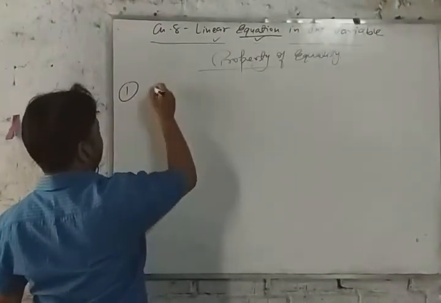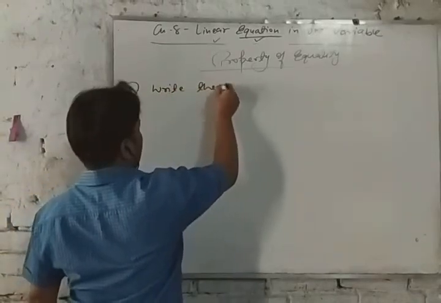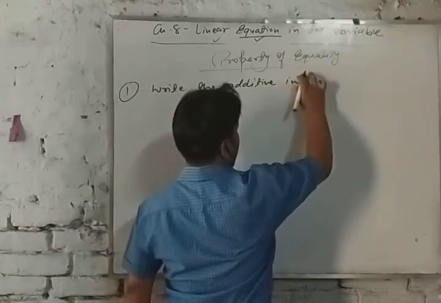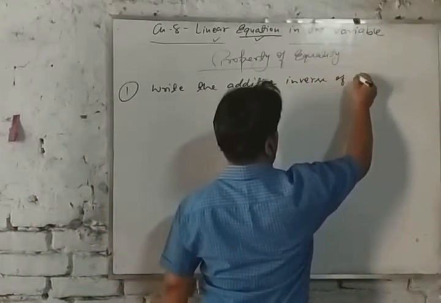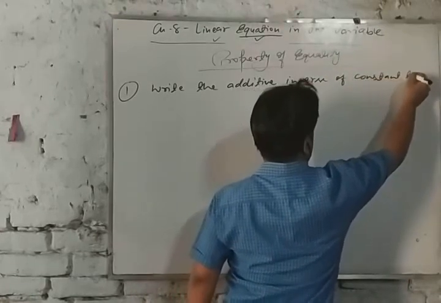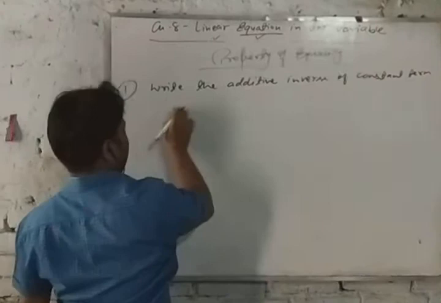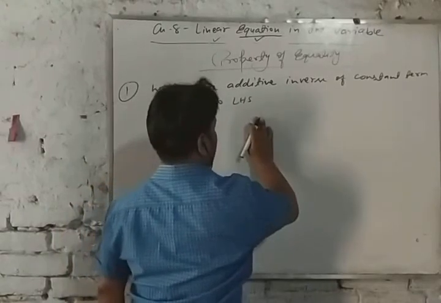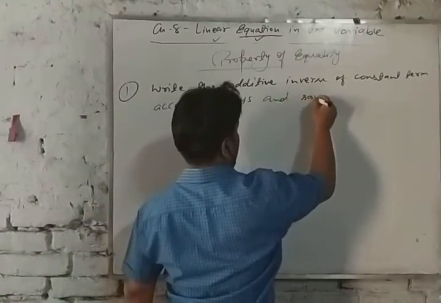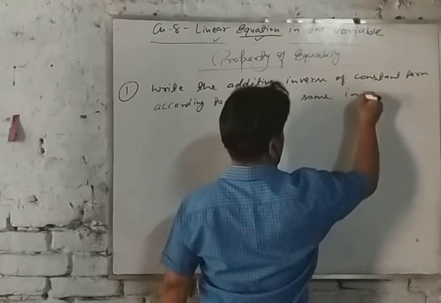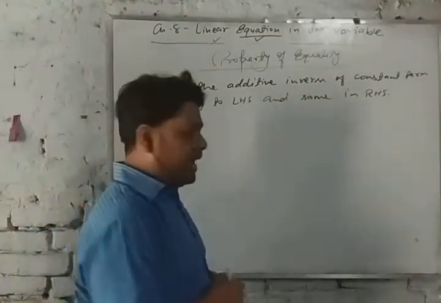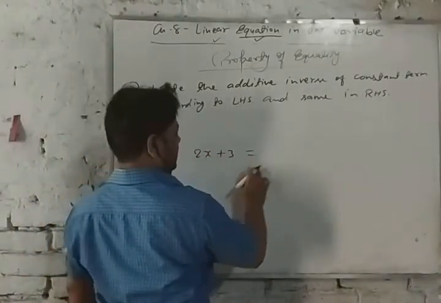First step: write the additive inverse of the constant term according to LHS and the same in RHS. Means if there is any number like 2x plus 3, 2x plus 3, and here 5x.